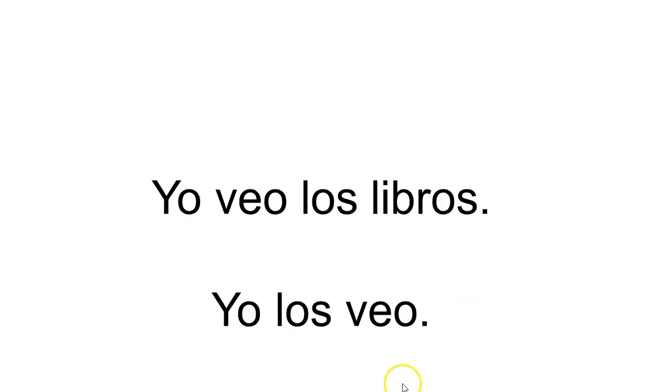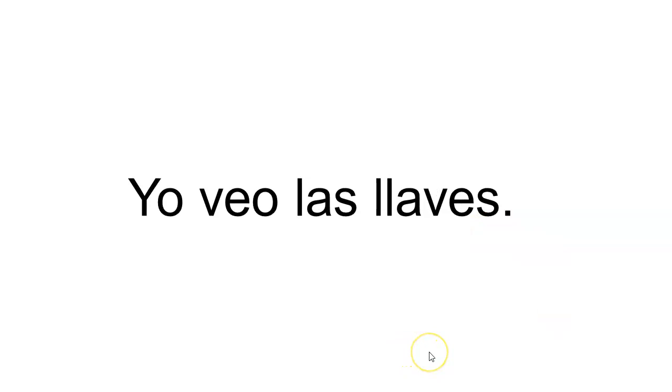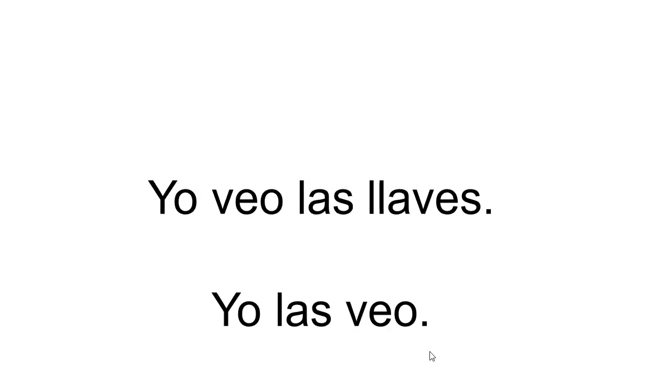Yo veo los libros. I see the books. ¿Cómo se dice, I see them? Yo los veo. Los aquí representa los libros. Yo veo las llaves. Yo las veo. Las aquí representa las llaves.